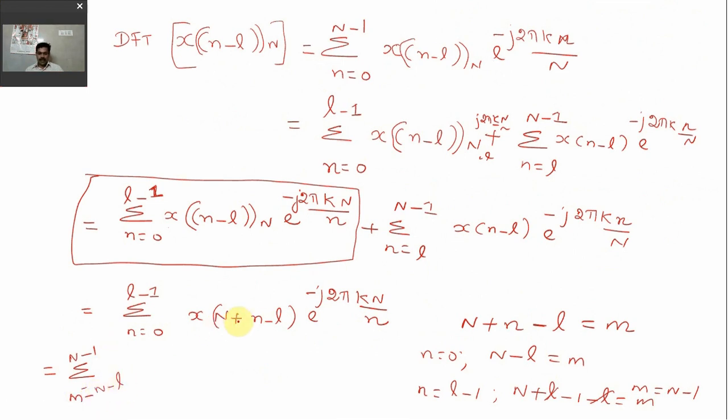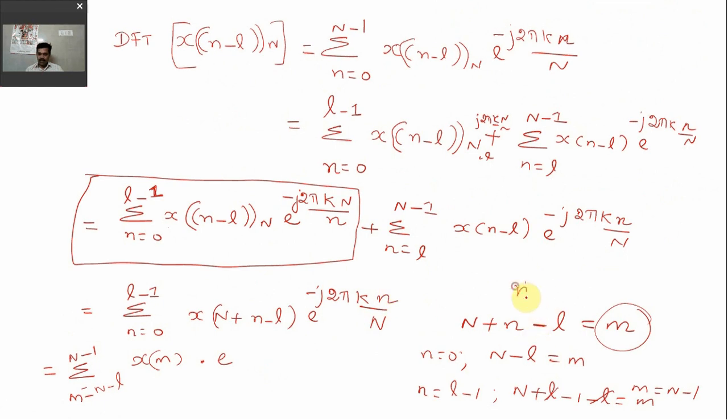So in the place of n plus N minus L, you have to put m. So what will you be getting? x of m into e to the power, in the place of small n, here capital N. In the place of this small n, what you have to put?